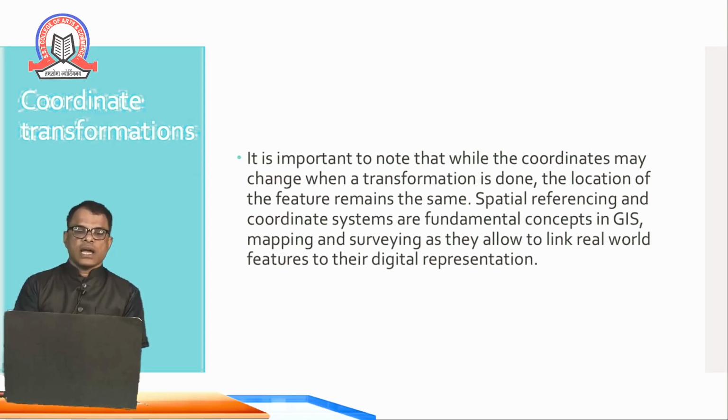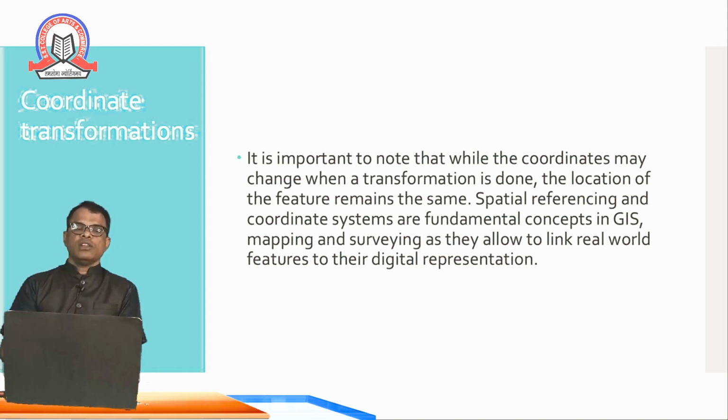Spatial referencing and coordinate systems are fundamental concepts in GIS, mapping and surveying, as they allow us to link real world features to their digital representation. So basically, what is spatial referencing? We have to find out the location of any object or place on the Earth's surface.